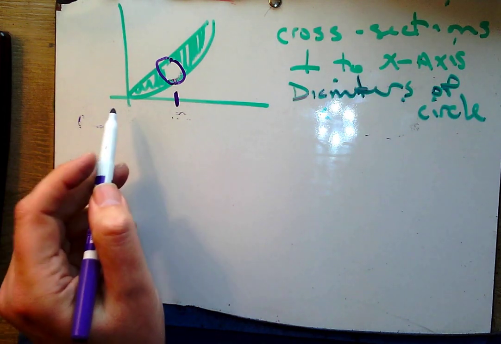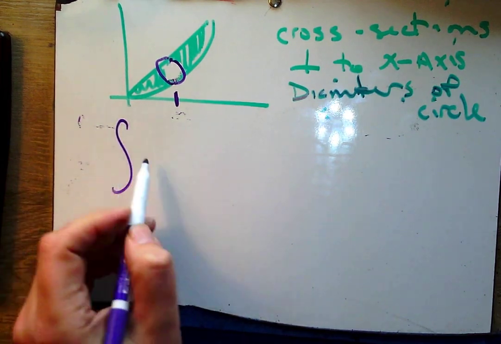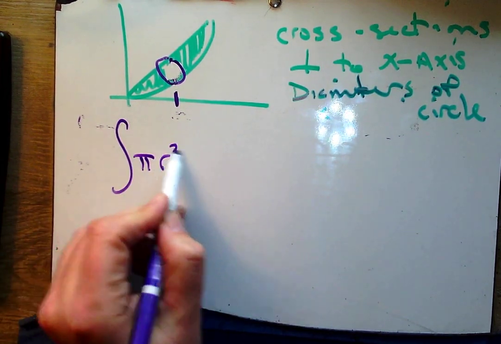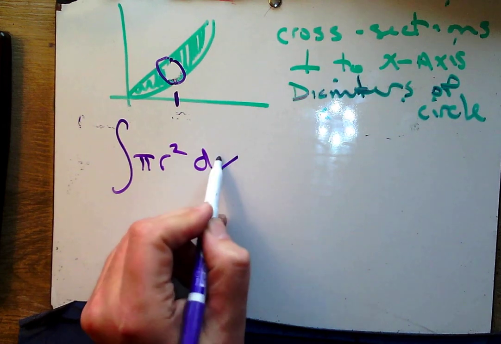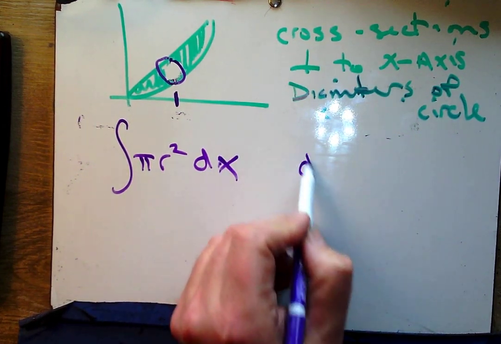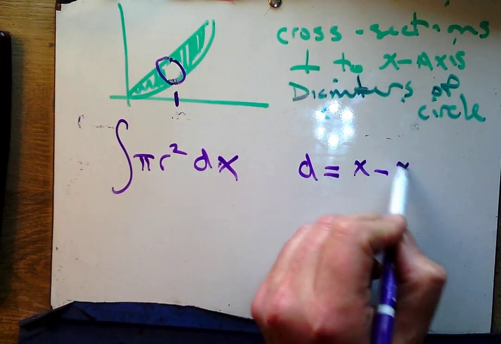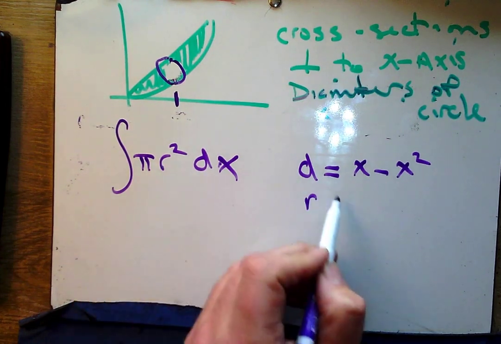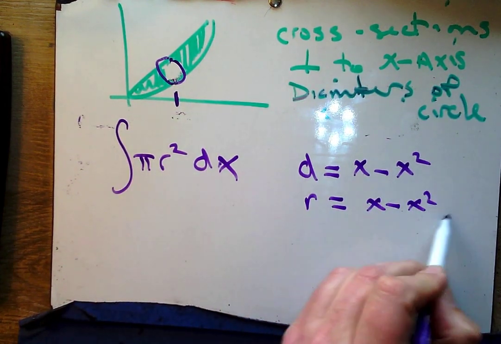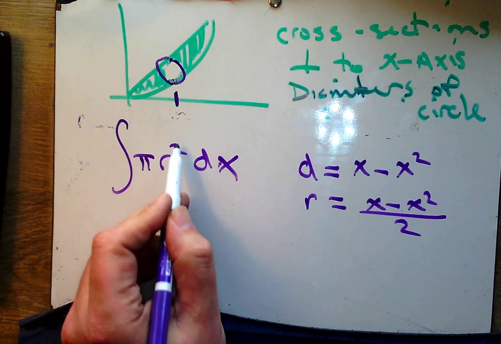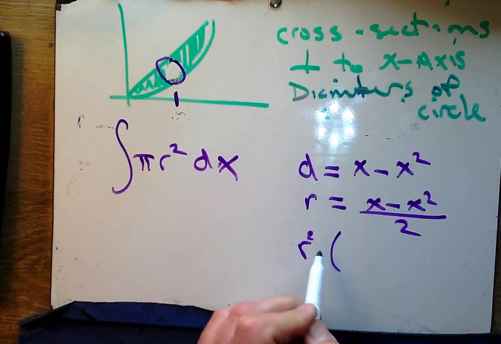Hey, welcome back. So we were integrating the area of a circle, not a semicircle. We still have dx. We know the diameter is still top minus bottom, and we're still looking for radius. And we still need to square the radius.